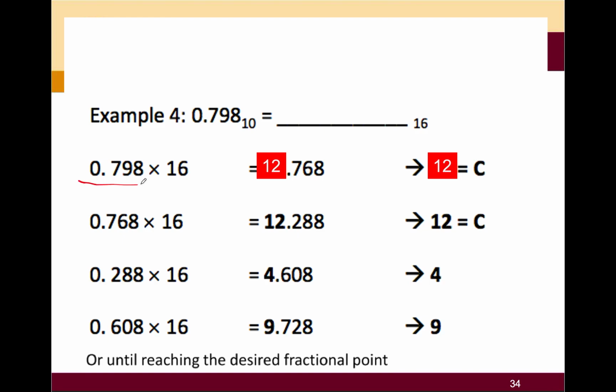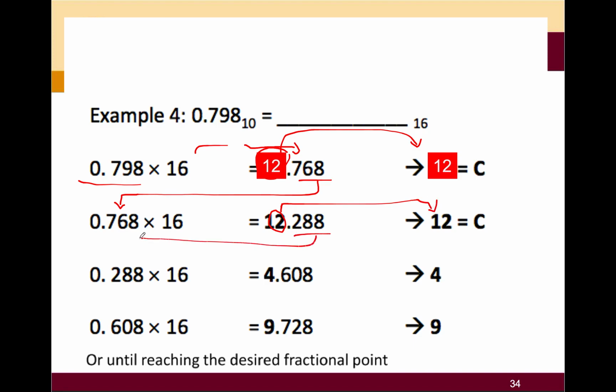You can have this point, and then you multiply it, you get this answer, and this one you drag up, but this fractional point you put below, and you keep multiplying, and you will get 12.255, and you take this out also, and the balance of your fraction number, you put here, and you repeat the multiplication method.